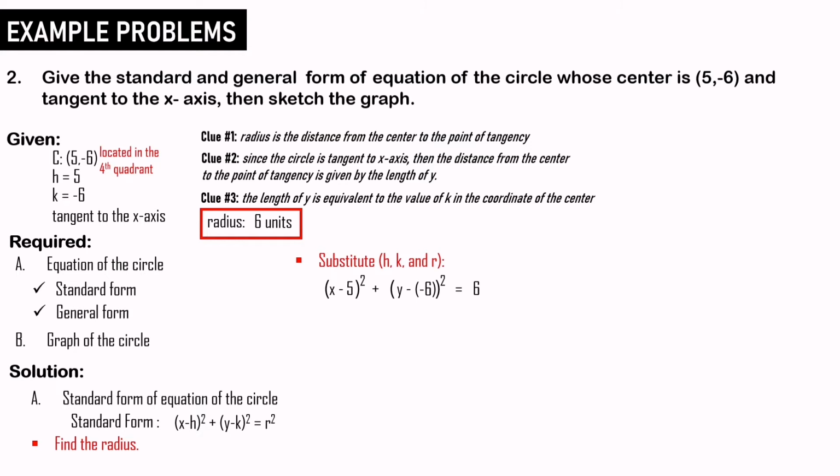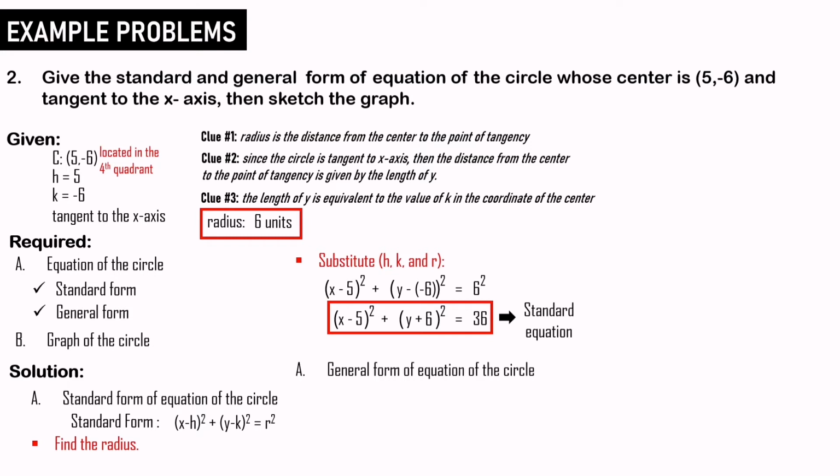So 6 squared. So mahimo ni siyang x minus 5 squared plus y, since minus negative 6 man ni siya, plus ni siya diri no, ma-positive niya ang operation diri ma-plus. So, plus 6 squared is equal to 36. So, this is now the standard equation.